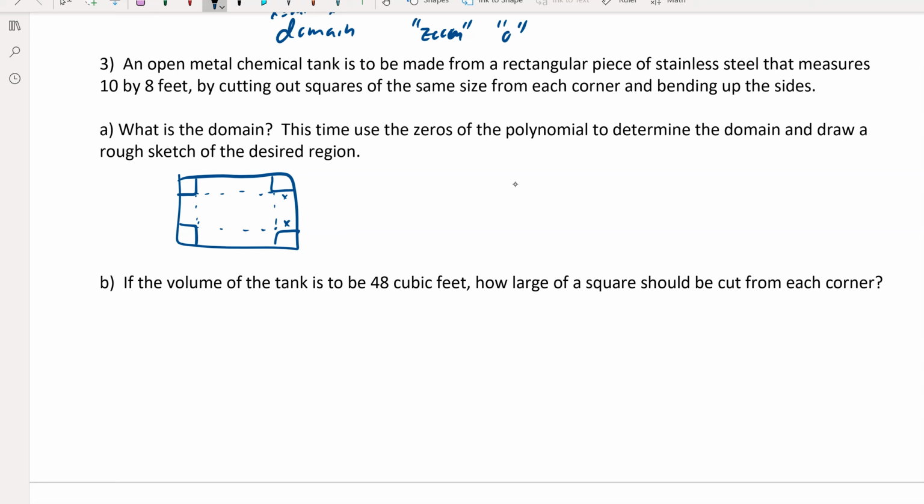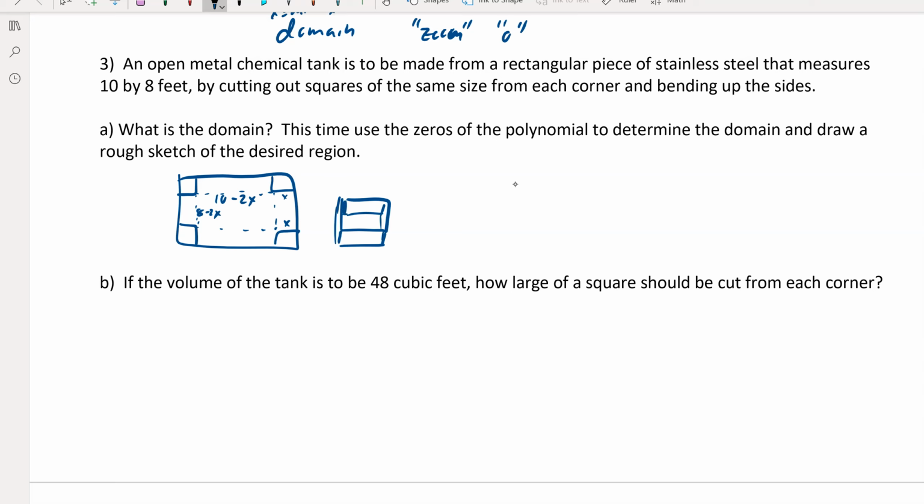Right? And so this is 10. So again, 10 minus 2x, and this is 8 minus 2x, because as you fold this up, that's horrible. Let's try that again. That looks better. All right.